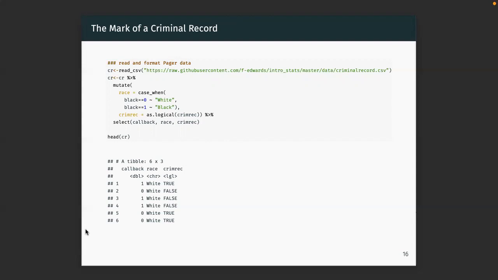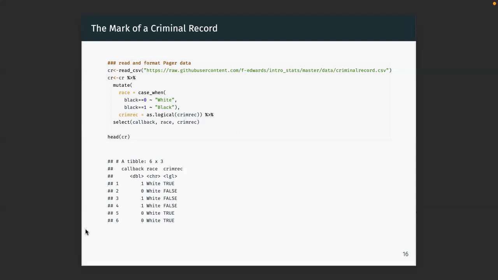Plus beta 1 times race_i, plus beta 2 crim-rec_i, plus beta 3 race_i times crim-rec_i. Right? So our ultimate model is going to have 4 betas: beta 0, beta 1, beta 2, beta 3. Okay?